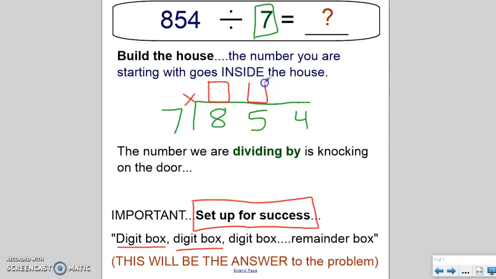Digit box, of course, remainder box. This here is going to be our answer when we get it. So we'll know exactly where to look inside these 3 digits with our remainder as part of that answer. So again, main point of this video, setting up for success.